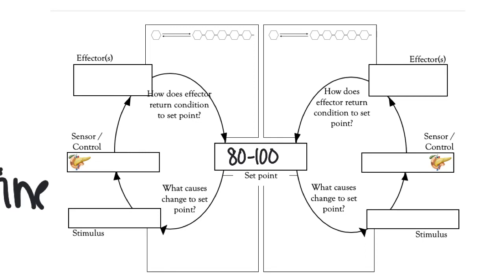Okay, so think about this logically. What causes your blood glucose levels to drop or to rise? Well, what would cause you to not have very much sugar in your body would be not eating a lot of sugar. And anytime you burn sugar, such as when you do cellular respiration, that is also going to cause a decrease to the overall amount of sugar in your body.